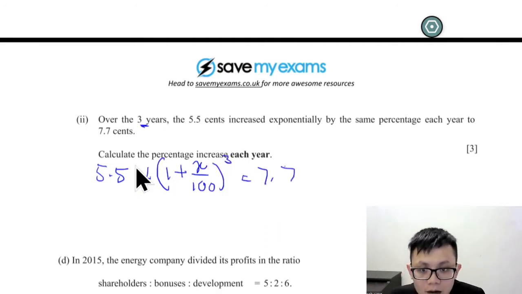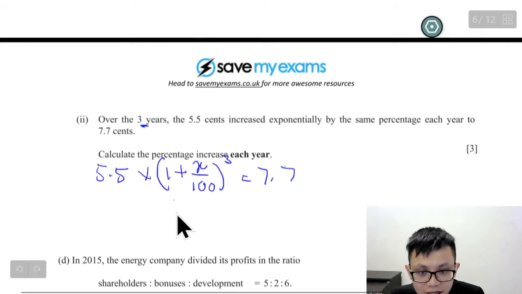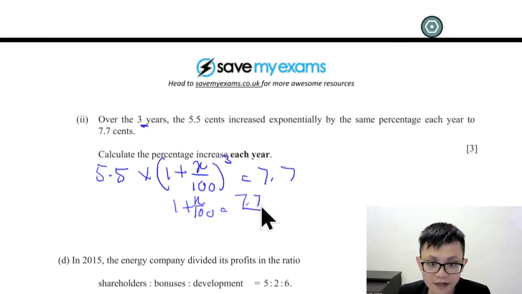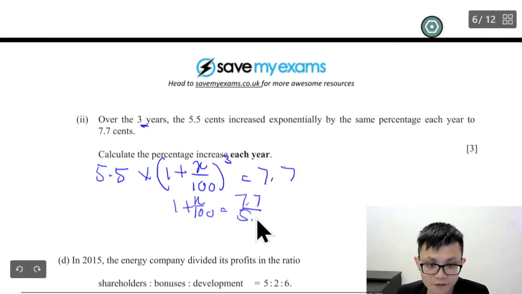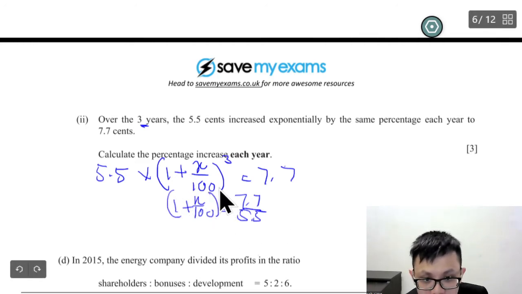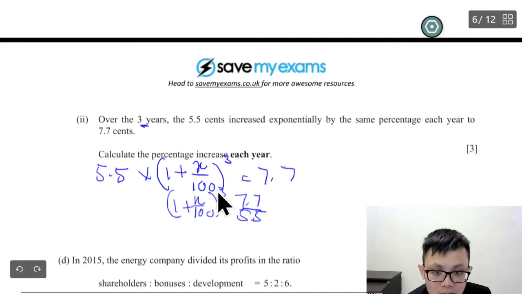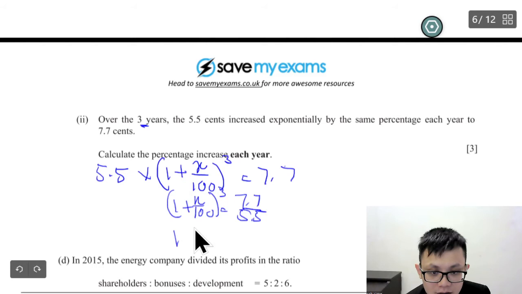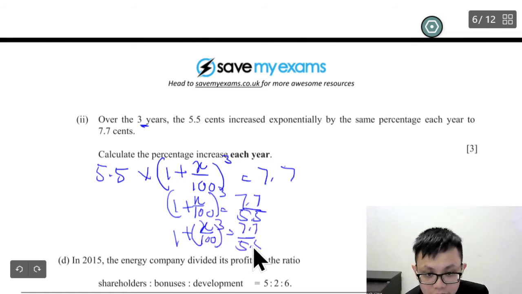So I bring it over: 1 plus x over 100, to the power of 3, equals 7.7 divided by 5.5. Then taking the cube root, 1 plus x over 100 equals the cube root of 7.7 over 5.5.